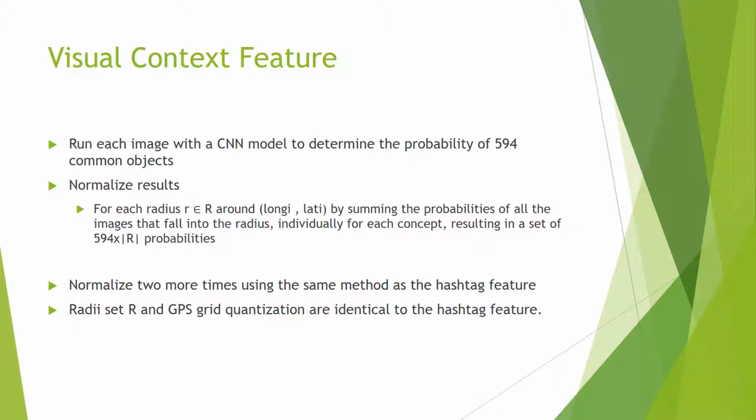For each radius r in our radii set R, we sum the probabilities of all images that fall into the radius r for each concept, resulting in a set of 594 by R probabilities. We perform the same two normalizations we did previously on these results to obtain a 2 by 594 by R dimensional feature. The same set of radii R in GPS quantization is used as the hashtag feature context.